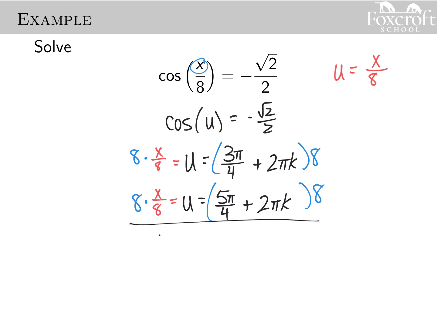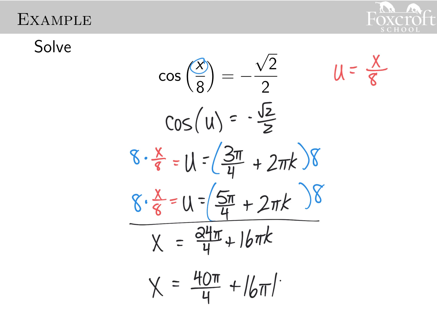And now I get my final answer, just the x on the left. On the right, 3 pi times 8 is going to be 24 pi over 4 plus 16 pi k. And then 8 times 5 is 40 pi over 4 plus 16 pi k.